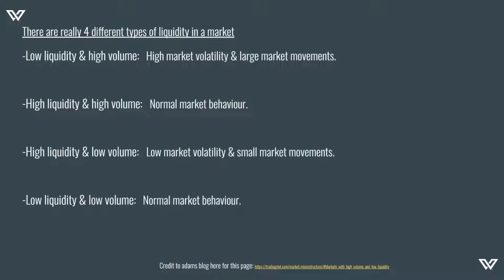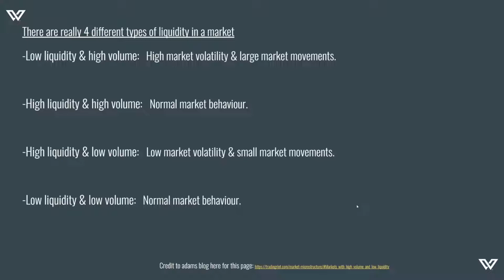There are 4 different types of liquidity in the market. You have low liquidity and high volume, which gives high market volatility and large market movements. Things like Bitcoin can be fairly low liquidity with large participants, so you have high market volatility and large market movements.